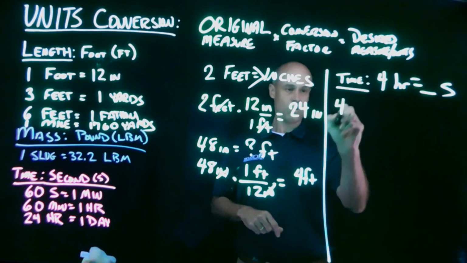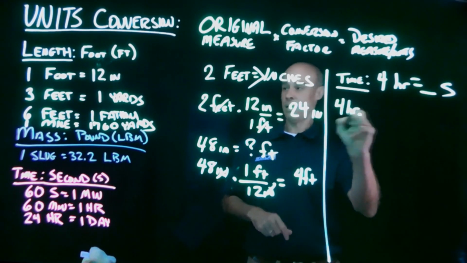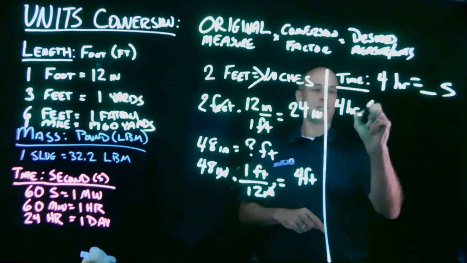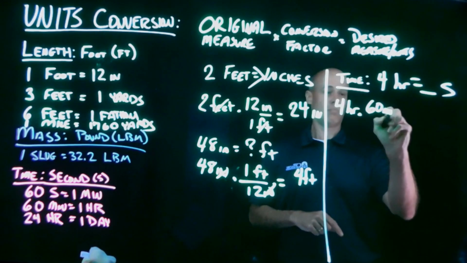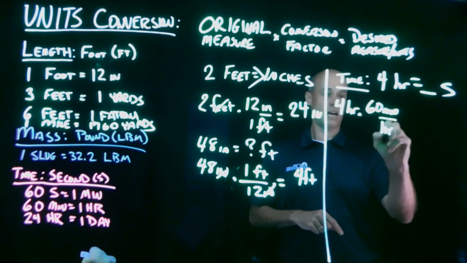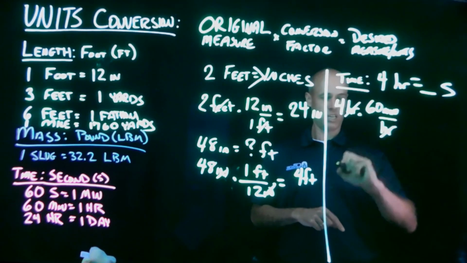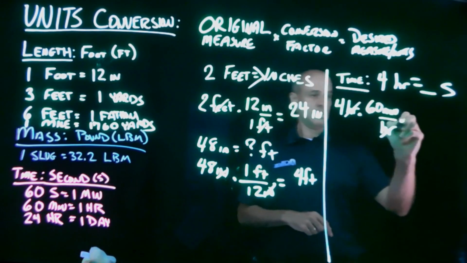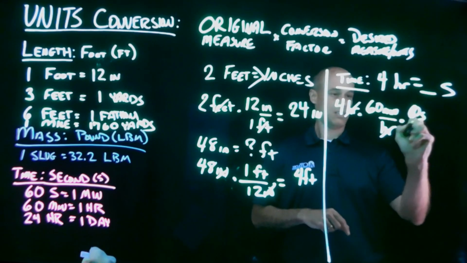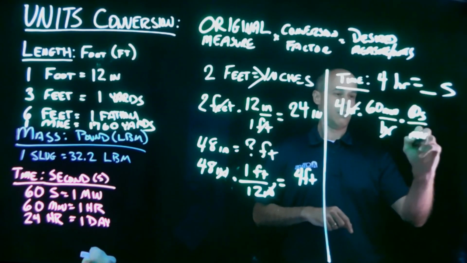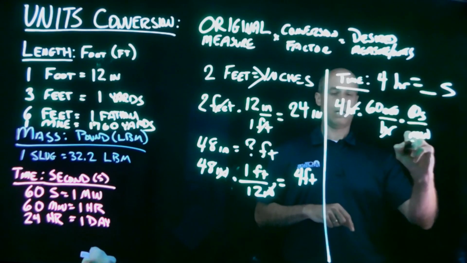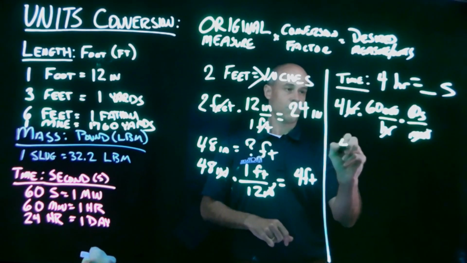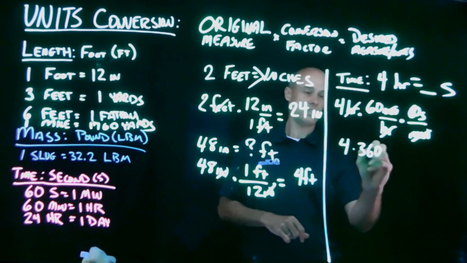So we're going to take our 4 hours, and if we look over here, we know that we have 60 minutes per hour, which will get us to minutes, and then we're going to multiply that times 60 seconds per minute. That's going to leave us with 4 times 3,600.